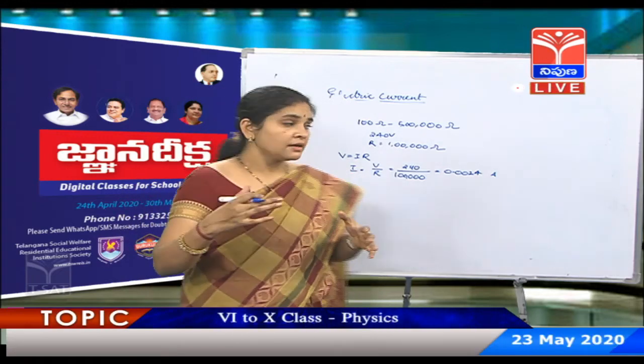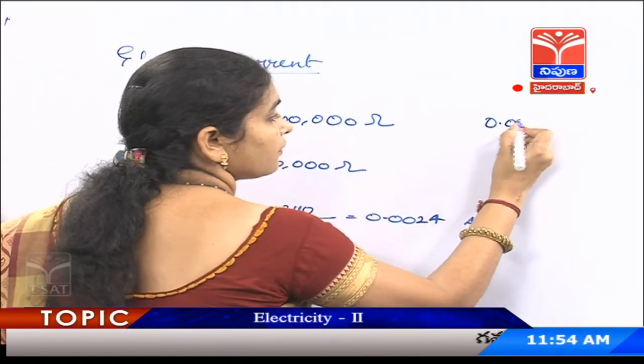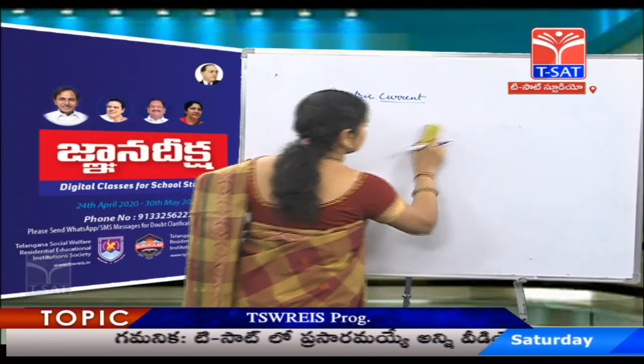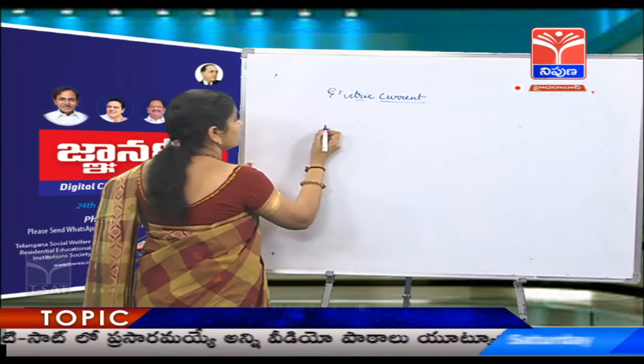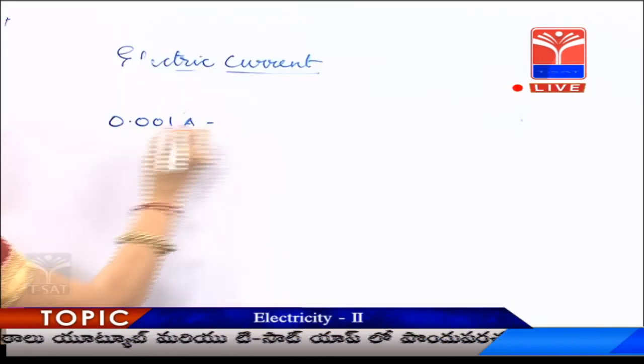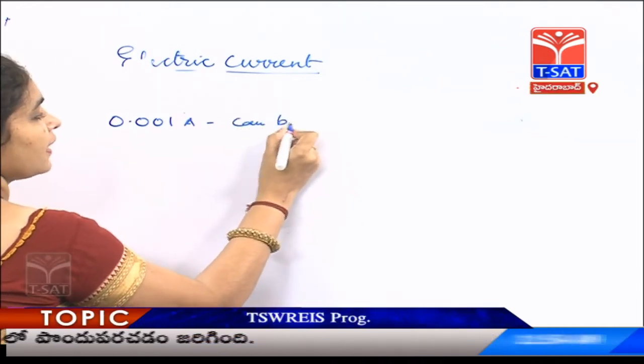Let us see here, when 0.001 ampere current passes through the human body, it can be felt.